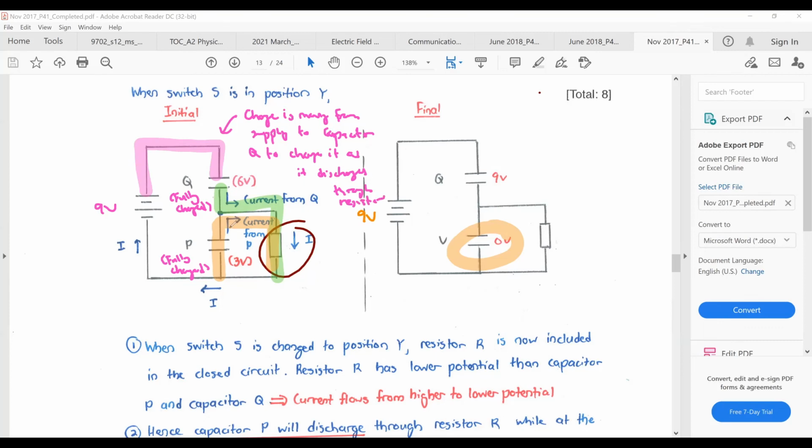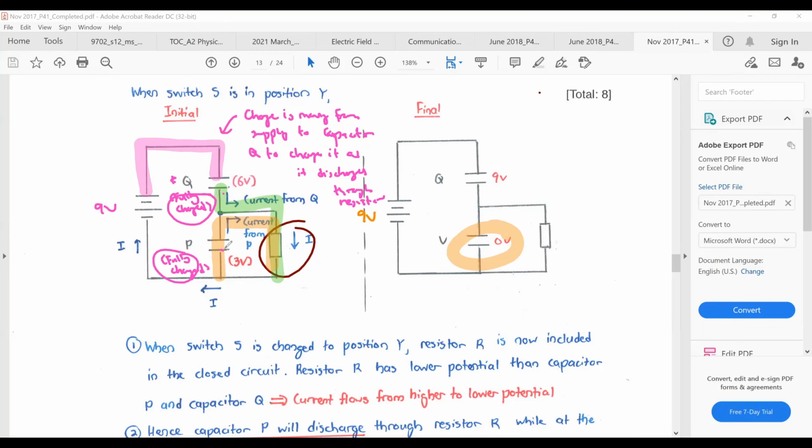So this one was fully charged, this one was fully charged. This and this will discharge through your resistor. This one loses charge, this one also loses charge. But this one is a bit special. When it loses charge, it's also still receiving charge back from your battery.